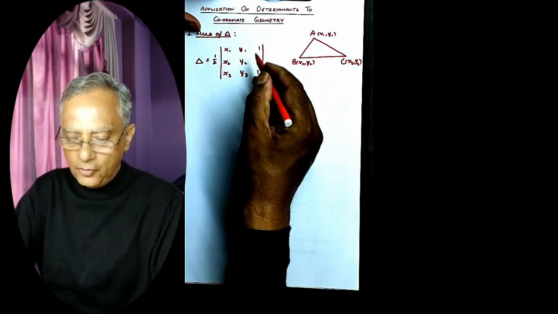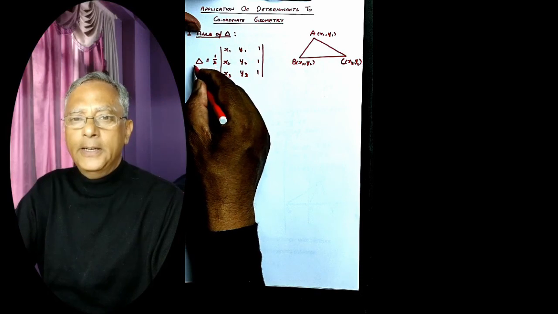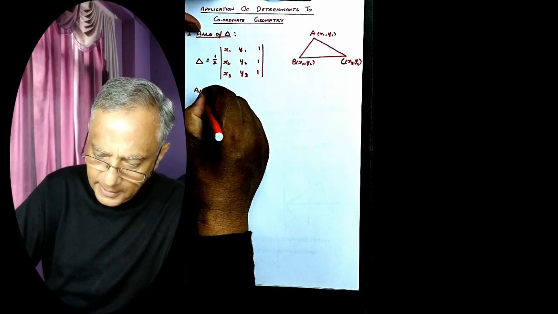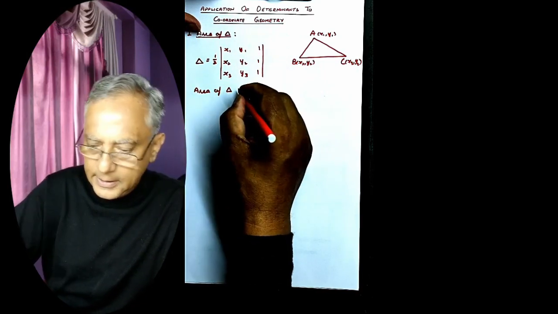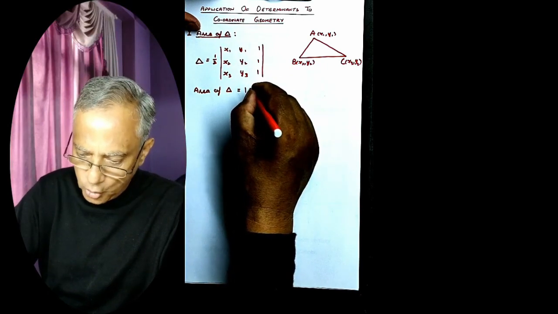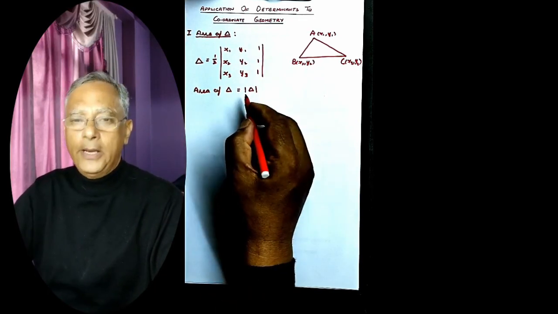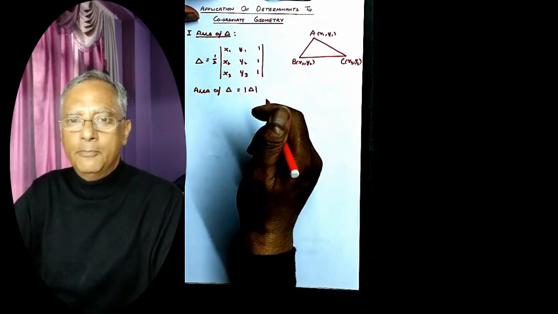Now half the value of this determinant will give us the value of delta. And area of triangle is equal to the absolute value of delta, because area is always positive.